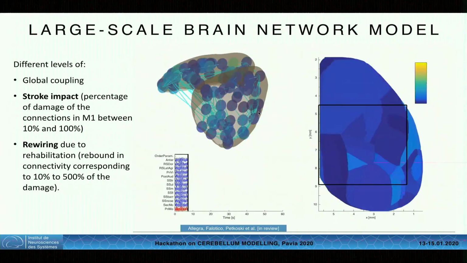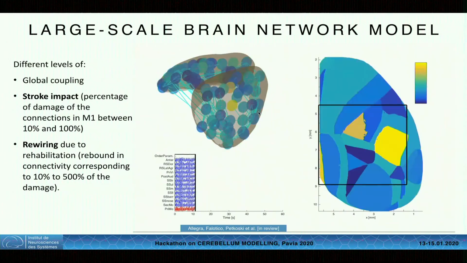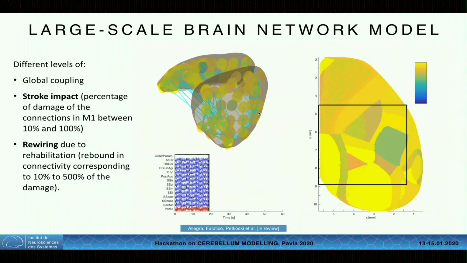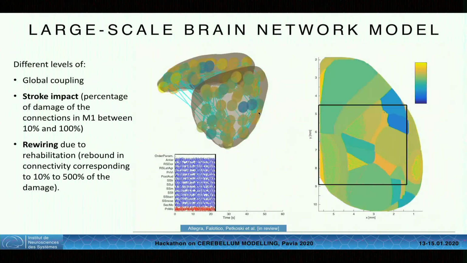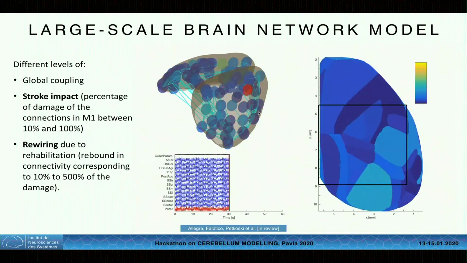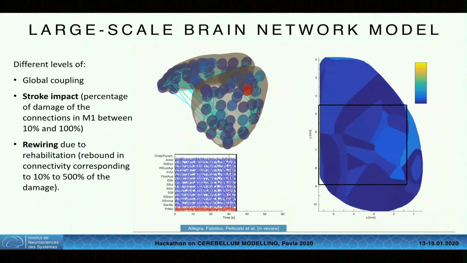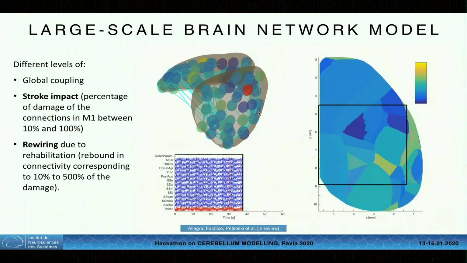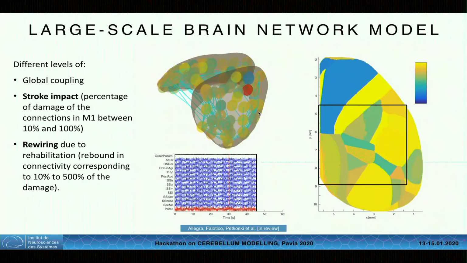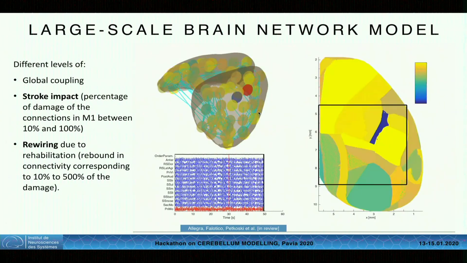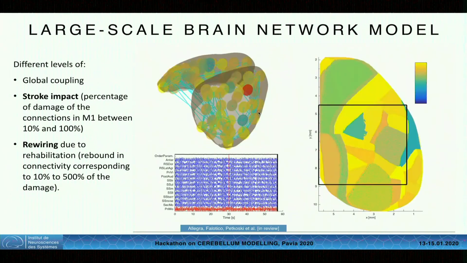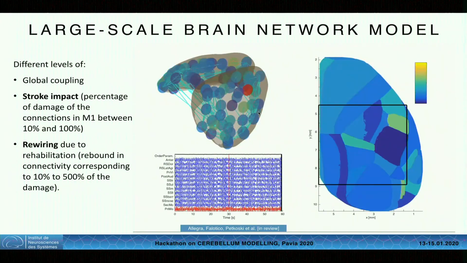So we are building the mouse brain network models, meaning we have now the network nodes, which I showed in the beginning for the cortex. In each of them, we put one oscillator. And then depending on the different levels of the global coupling, which says how strongly connected is the overall level, we cannot change the connectivity at each region, but the overall level, and then the rest is shaped by the connectome.